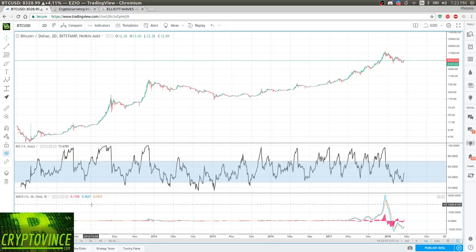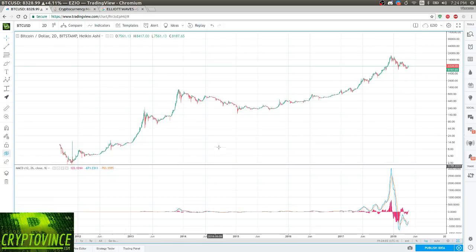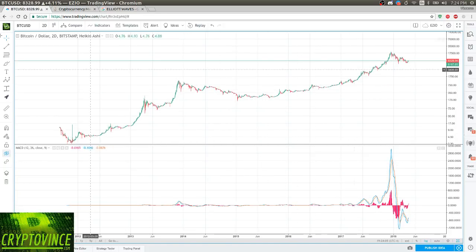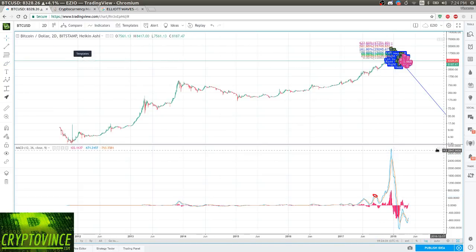This is funny to watch. Look at the MACD. Look how high it was here. Here it was massive. Even here it was high, and this was around 3,500. But look at how high the MACD was. What I want to show you is that if you don't know trading analysis, you might buy BTC at this level, as some of us did, probably.